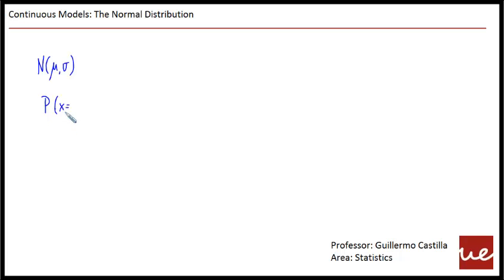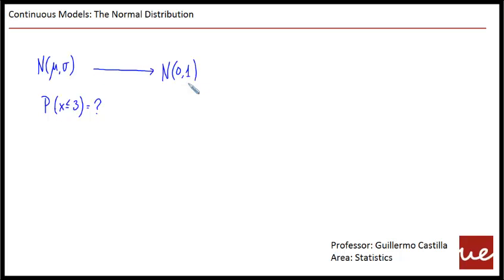For example, if I want to know the probability of being smaller or equal than a certain value, let's say 3, in a normal distribution, it would be difficult to calculate at first because the normal distribution does have a known density function, but the density function isn't very easy to use.